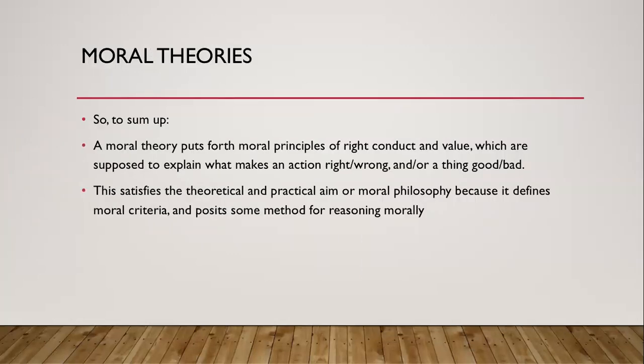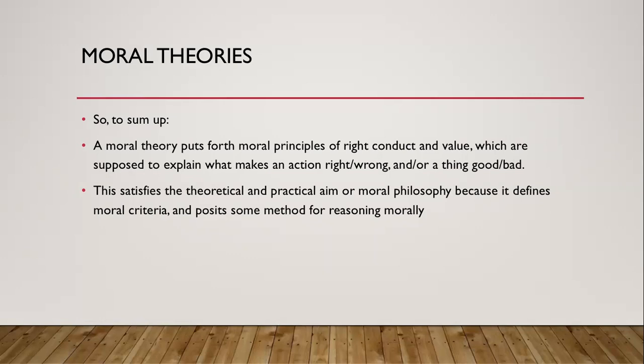Okay, so to sum up the discussion of moral theories, what a moral theory does is it puts forth moral principles of right conduct and value, which are supposed to explain what makes an action right or wrong, or a thing good or bad. And then it's supposed to help us reason morally, okay? And this is supposed to satisfy the theoretical and practical aim of moral philosophy.